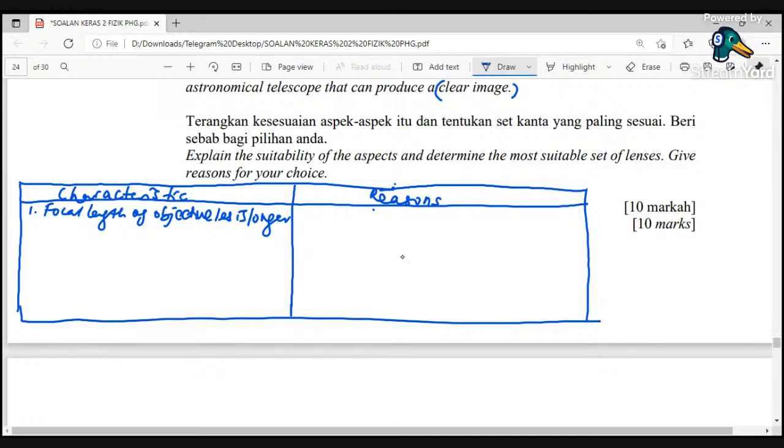Okay, in the table: longer. What is the reason? To produce larger magnification. The image produced will be bigger. Okay, magnification M is FO over FE. If FO is longer, the magnification is larger, so the image will be bigger and clearer.